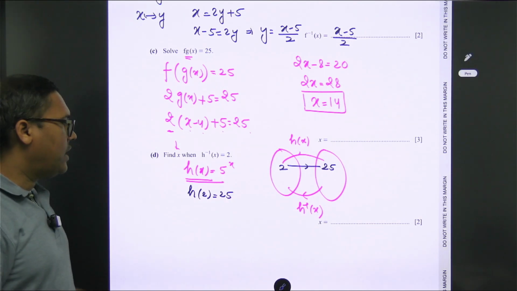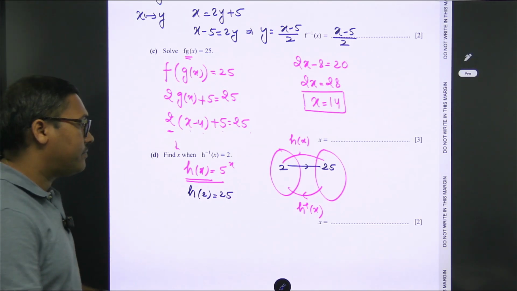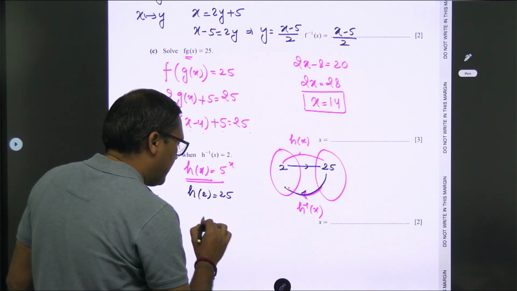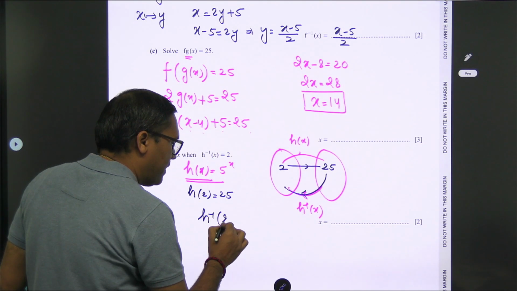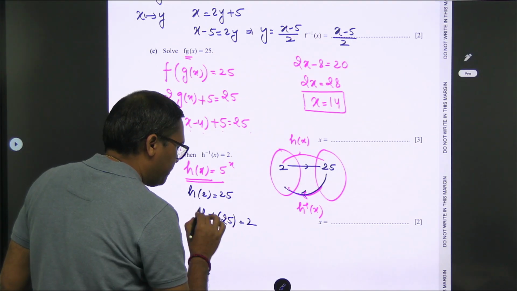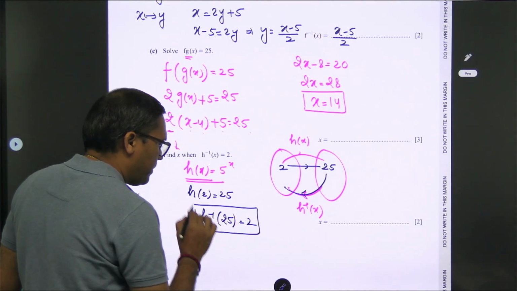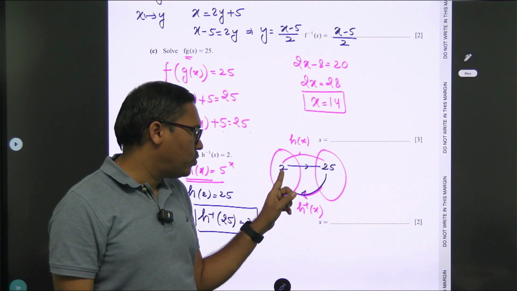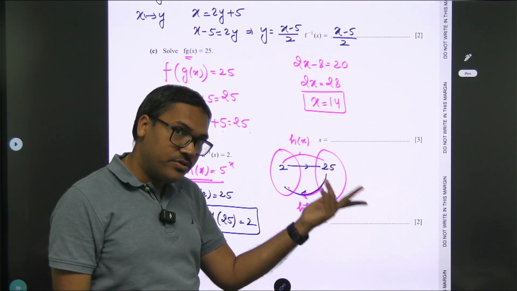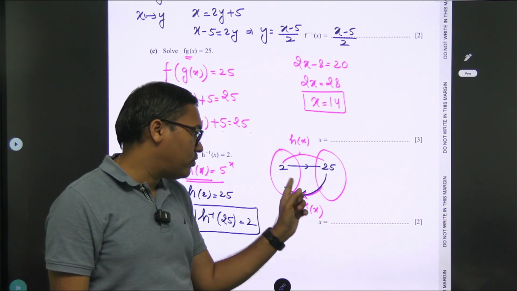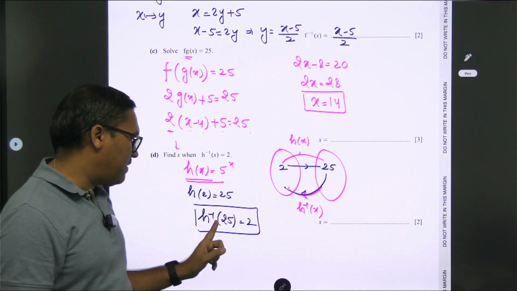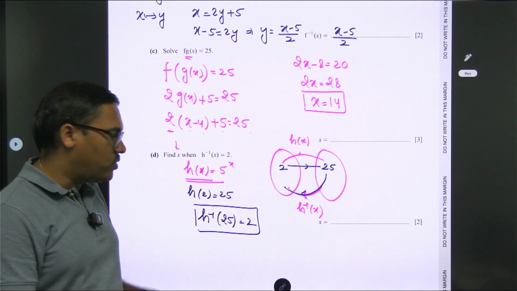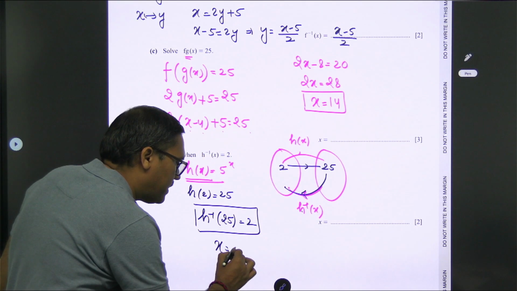Correct? So now you tell me, if I map 25 to 2, then can I say h inverse 25 will be equal to 2? That is the meaning of inverse function. If function h of x maps 2 to 25, then the inverse of the function will map 25 to 2. That means h inverse of 25 will be equal to 2. So you can see what is x when h inverse x is equal to 2. x will be equal to 25.